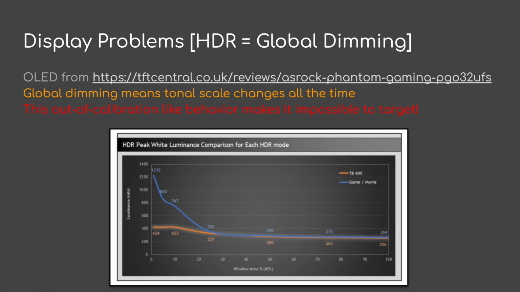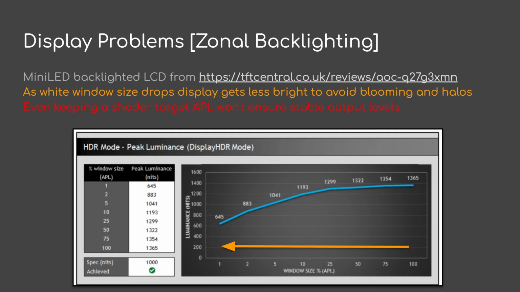Global dimming typically means tonal scale changes all the time. This is, in my opinion, out of calibration-like behavior, and it makes the displays impossible to target in many ways. There's an example below showing the white luminance and then how it changes with window area. You'll notice it changes quite a lot. Now, zonal backlights, now we're moving to LCDs, they have somewhat inverse behavior in some cases to what we're seeing in the OLEDs.